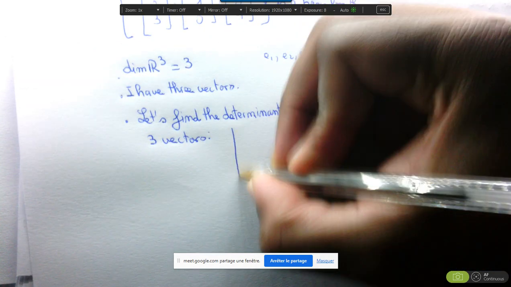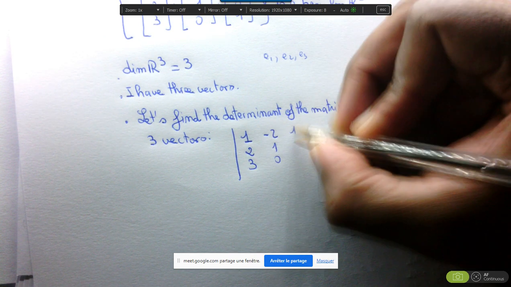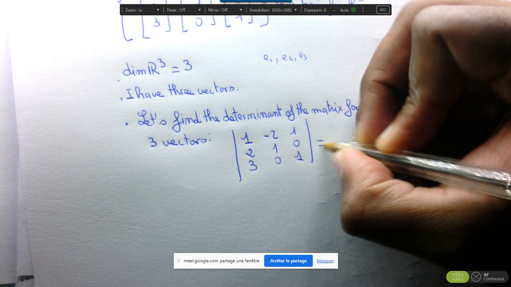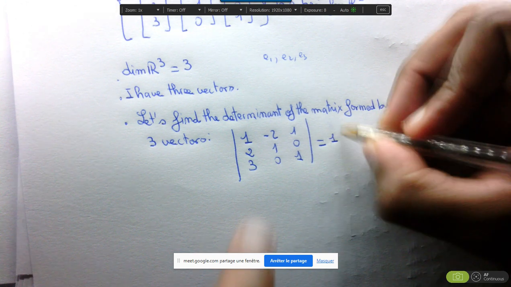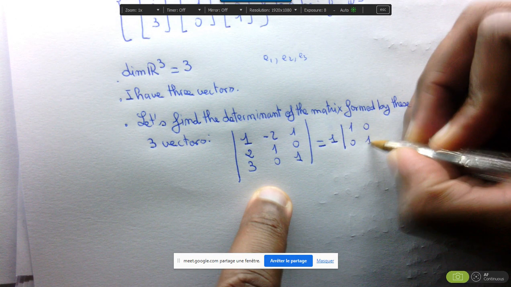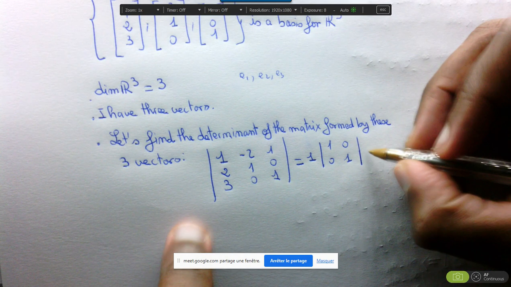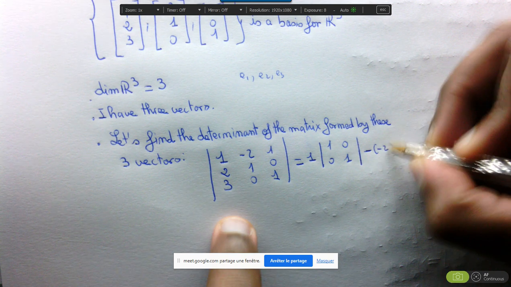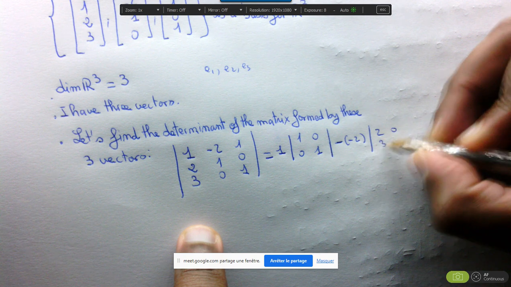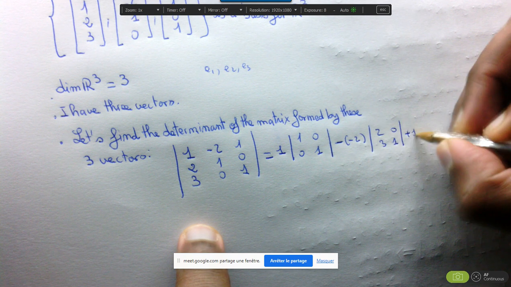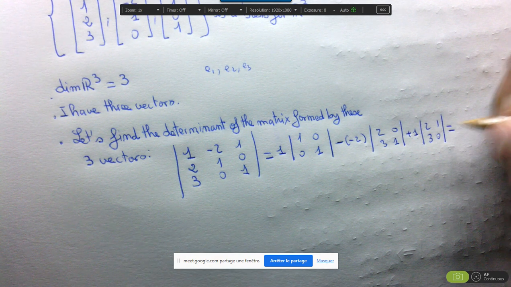So here I have 1 2 3, -2 1 0, 1 0 1, and if I calculate that, I get 2.